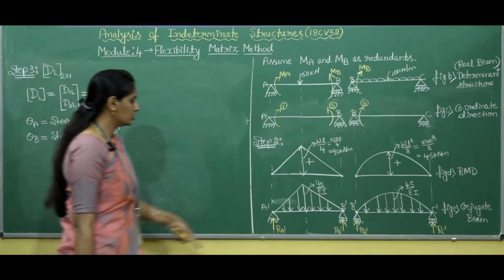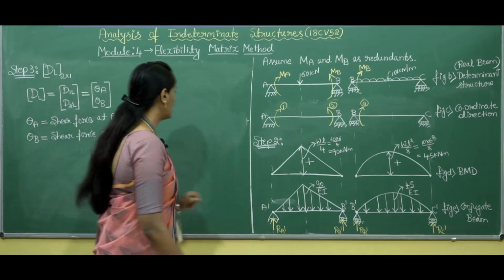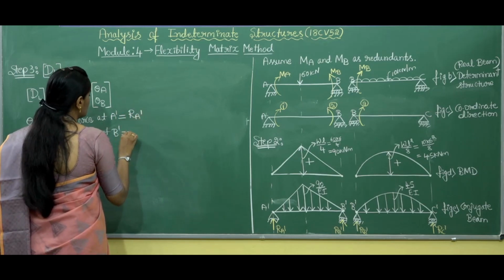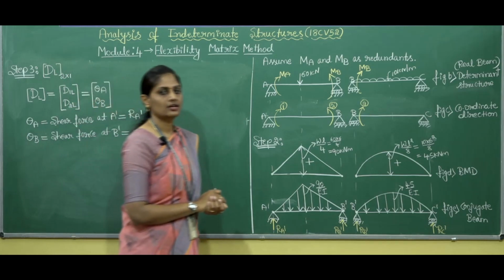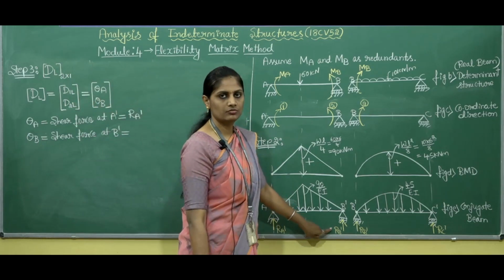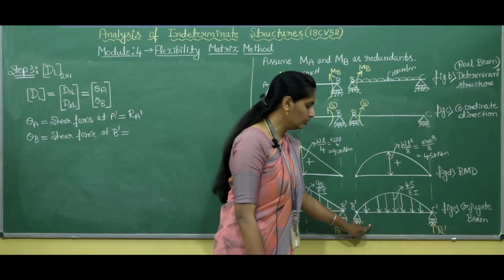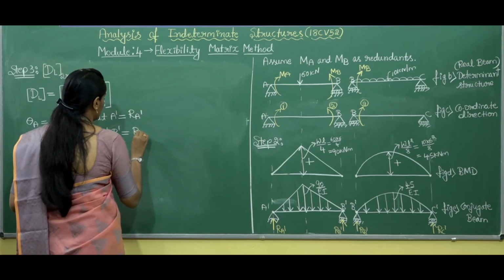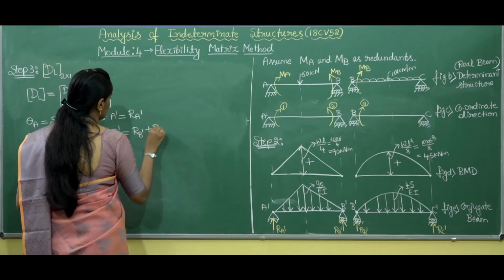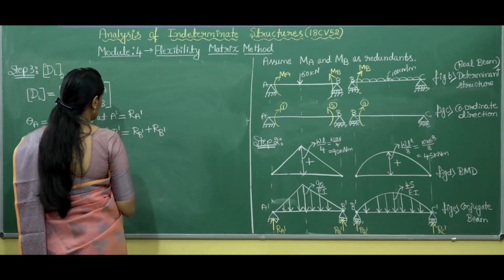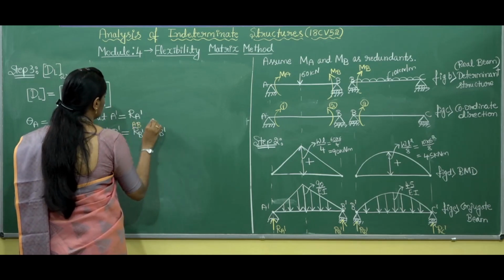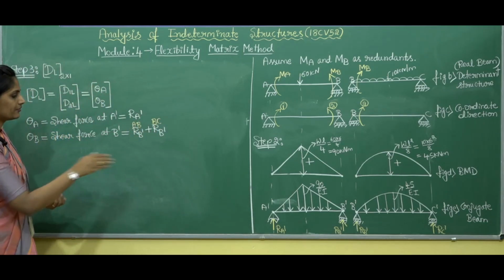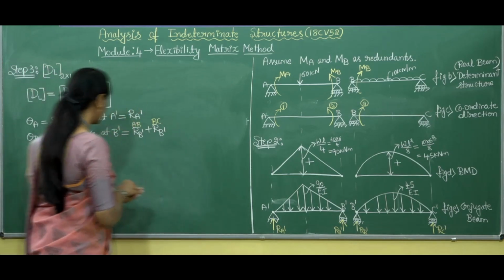Shear force at A dash is nothing but RA dash, and shear force at B dash is nothing but RB dash from span AB and also from span BC. So here we get RB dash plus RB dash, one from span AB and one from span BC. So let us find the reactions. How do we find these reactions?